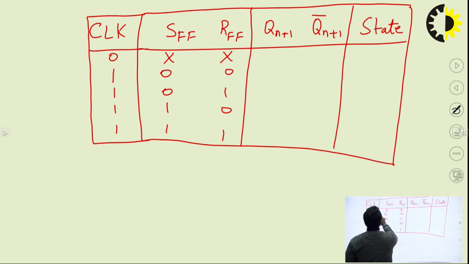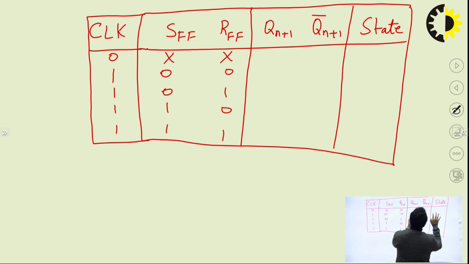Now that means for clock 0, whatever the values that your R and S terminals have, irrespective of those values, your flip-flop is in the hold state, which means that your Qn plus 1 will be Qn and Qn plus 1 complement will be Qn complement. So it is the hold state.